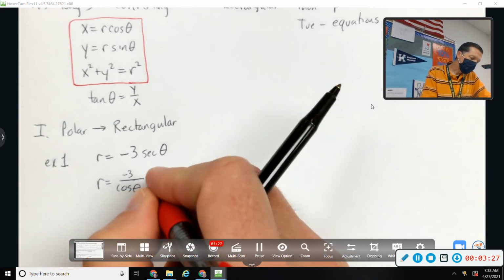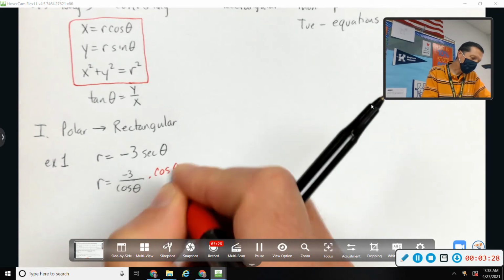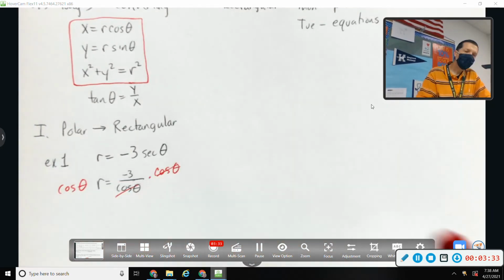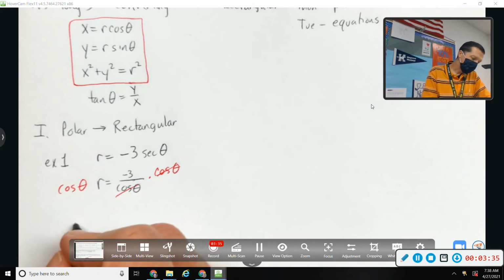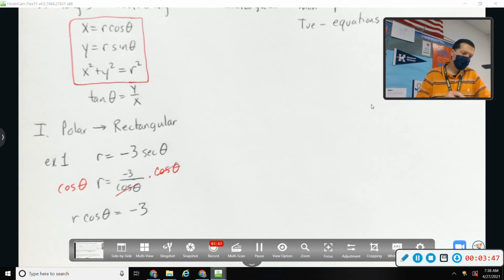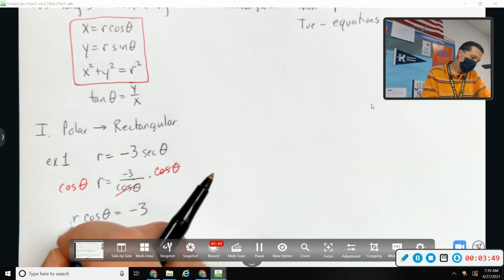Well, what if we multiplied both sides by cosine of theta? Then on the left-hand side, we'd have r cosine theta equals -3. And what's r cosine theta equal to? x.